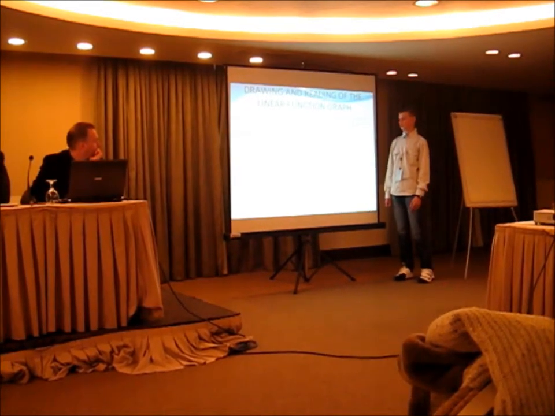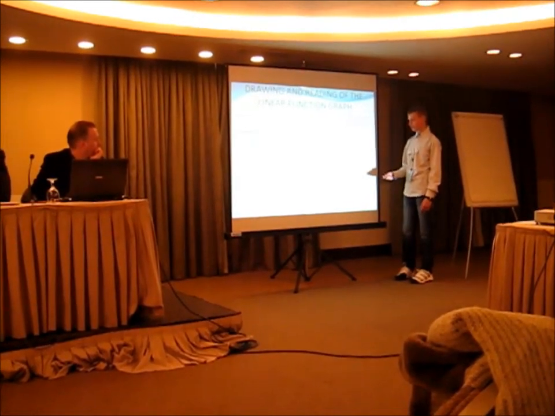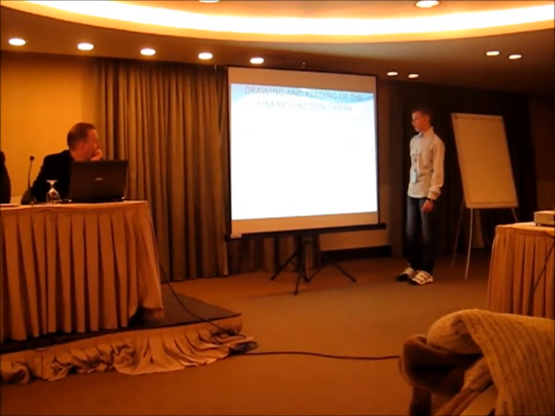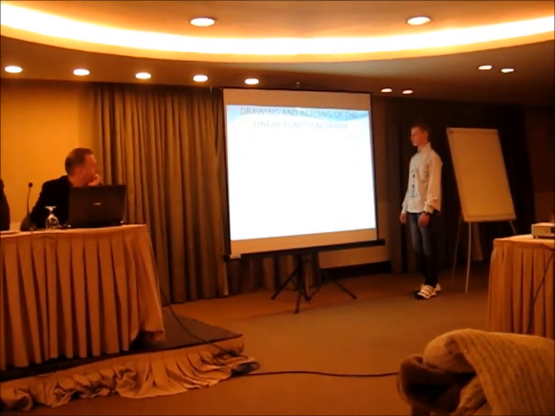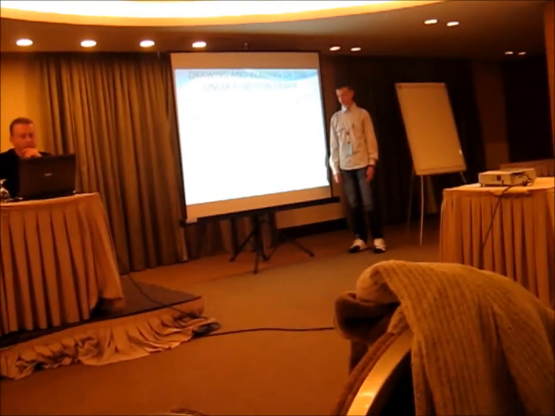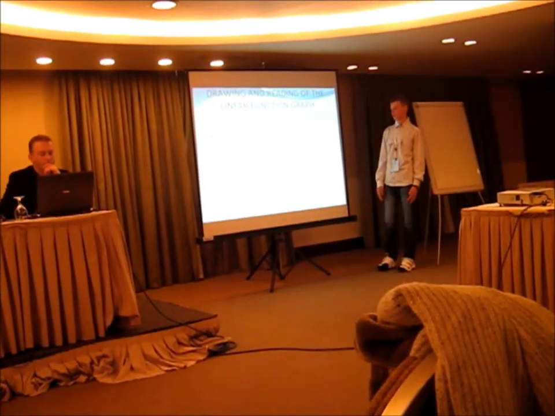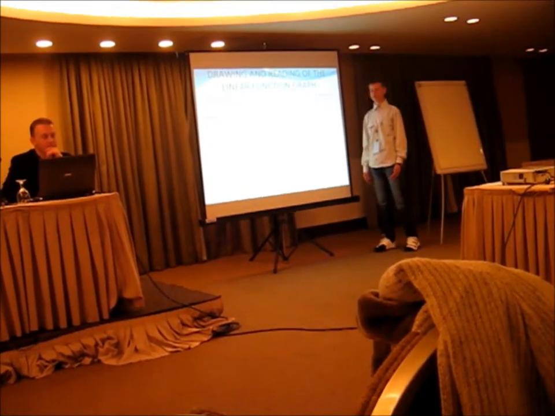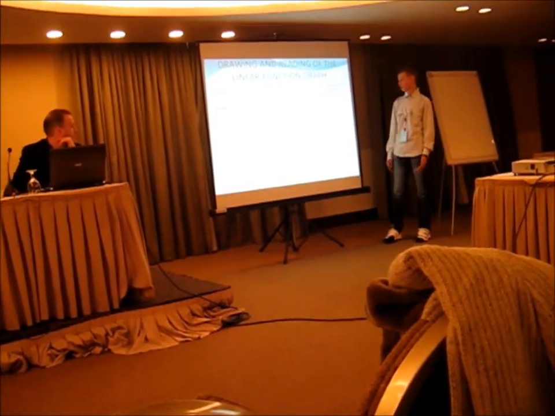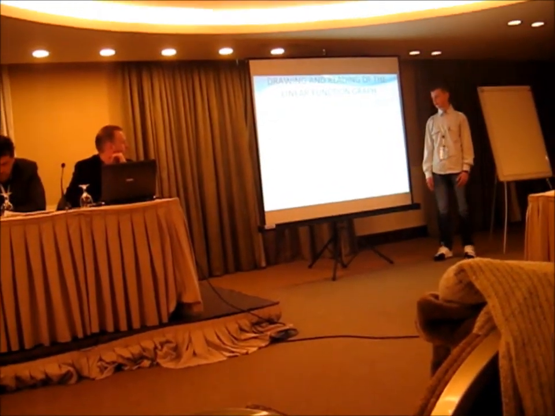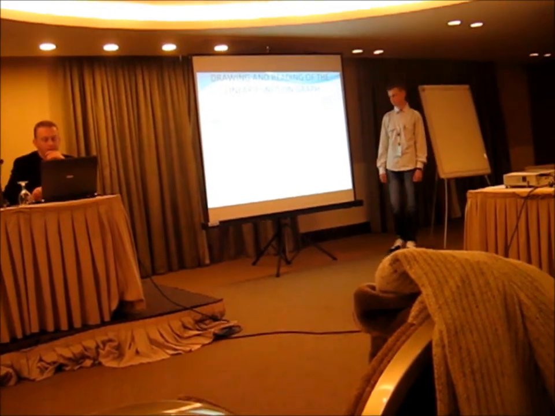So the line is determined by these points, and it's the graph of the linear function y equal x plus 2. Of course, we can determine several different points that belong to the graph. All those points should be collinear because they belong to the same graph, to the same line.